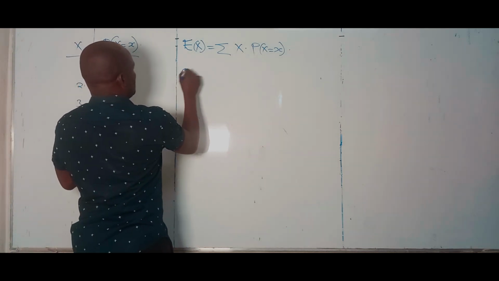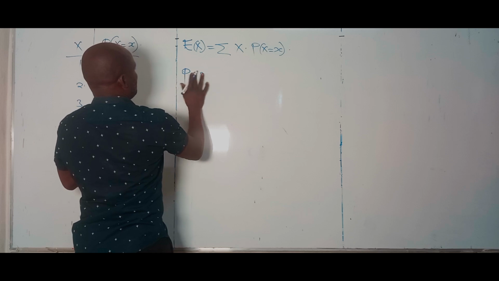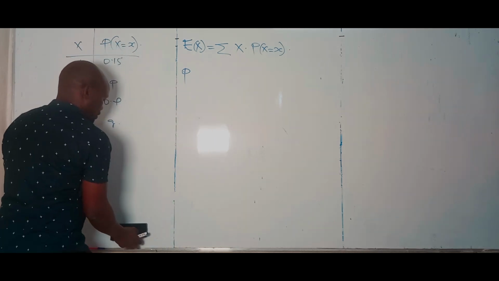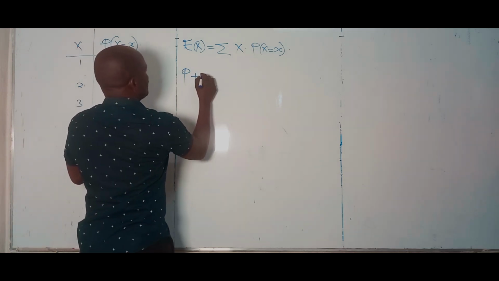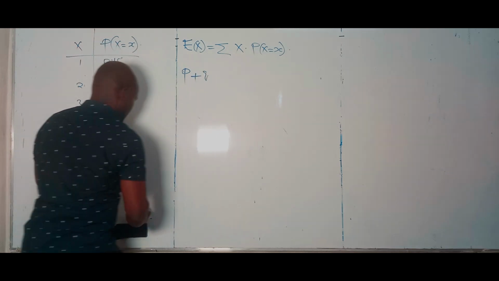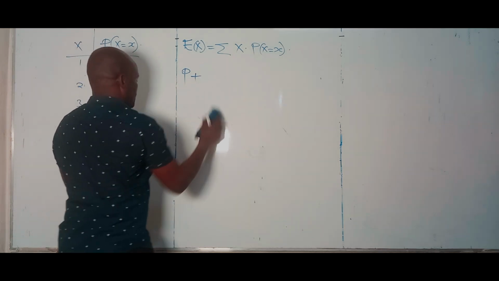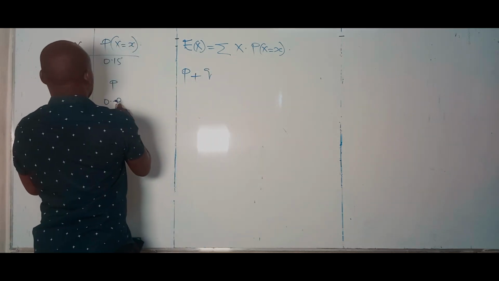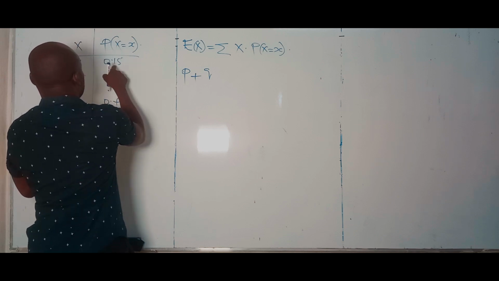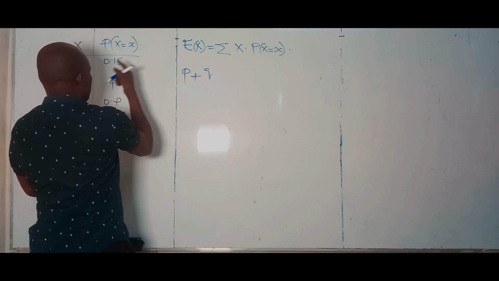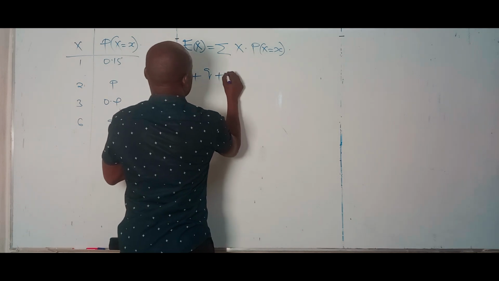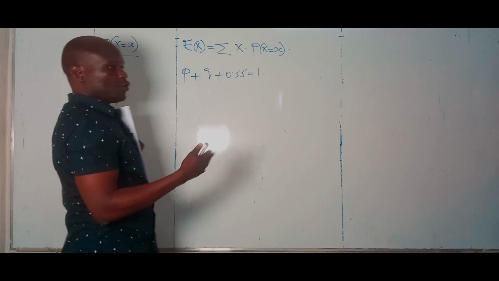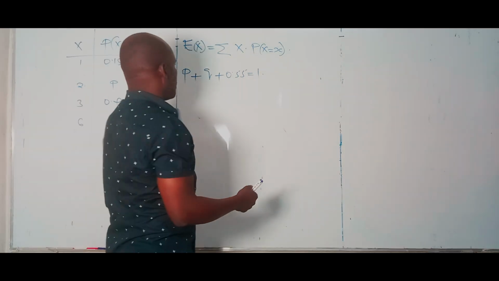So I say p plus q plus 0.4 plus 0.15, that's 0.55, plus 0.55 should be 1 because total probability sums up to 1.